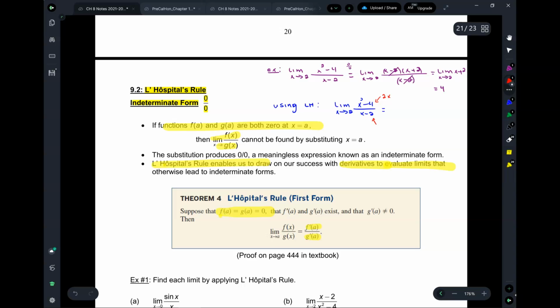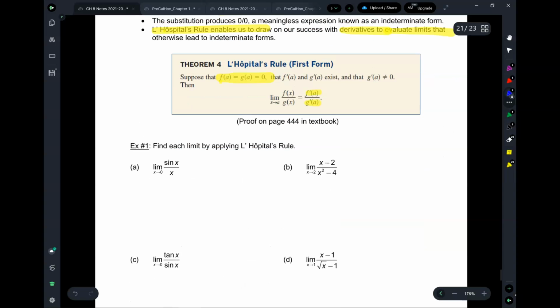What's the derivative of the denominator? 1. Plug in the 2, 4/1, you get 4. That's what L'Hopital's rule lets you do. So you don't have to do any of this other stuff. You could just find the limit by taking the derivative of the numerator and the derivative of the denominator. So let's do this.